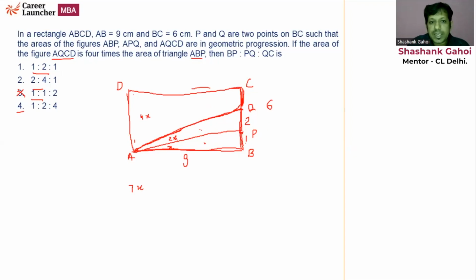Now, if this area is this, so I am just drawing a parallel line to AB from here. So if this area ABQ is 3X, so this area should also be 3X, right?